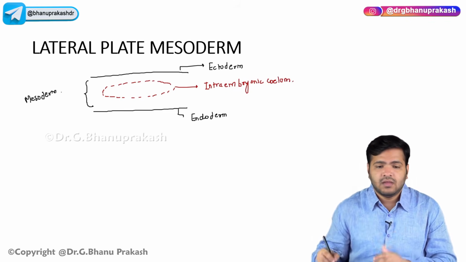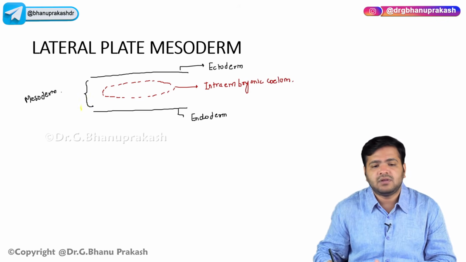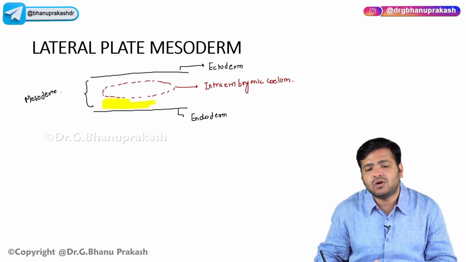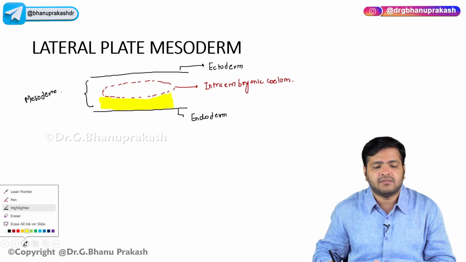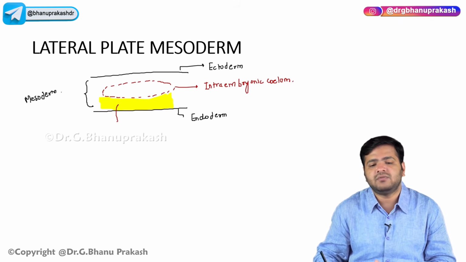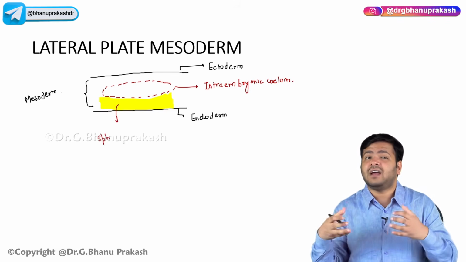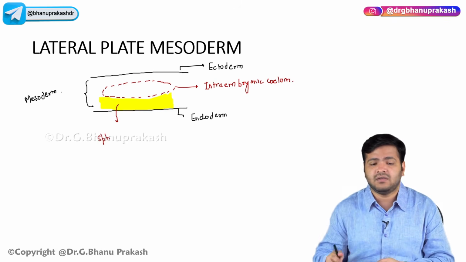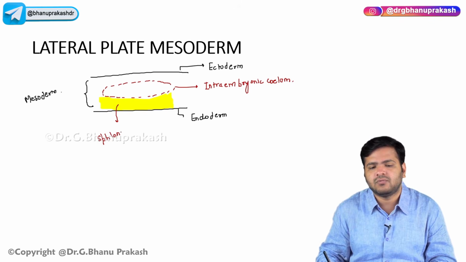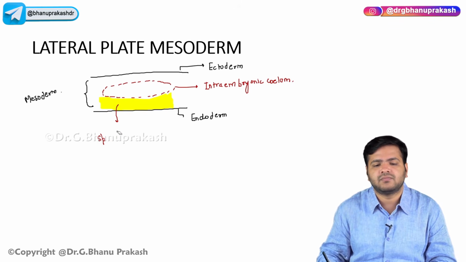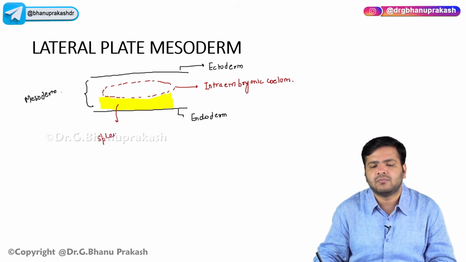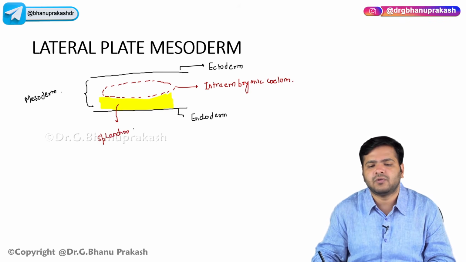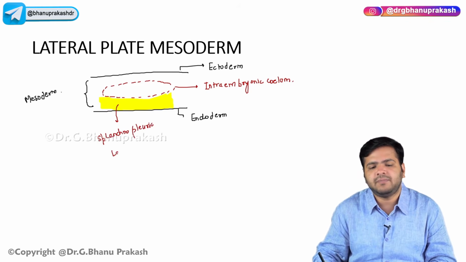Now the mesoderm which is towards the endoderm, towards the cavity, towards the internal organs, this mesoderm will be termed as splanchnopleuric. It is towards the endoderm, on the inner side, meaning towards the body organs, so it will be called the splanchnopleuric lateral plate mesoderm.